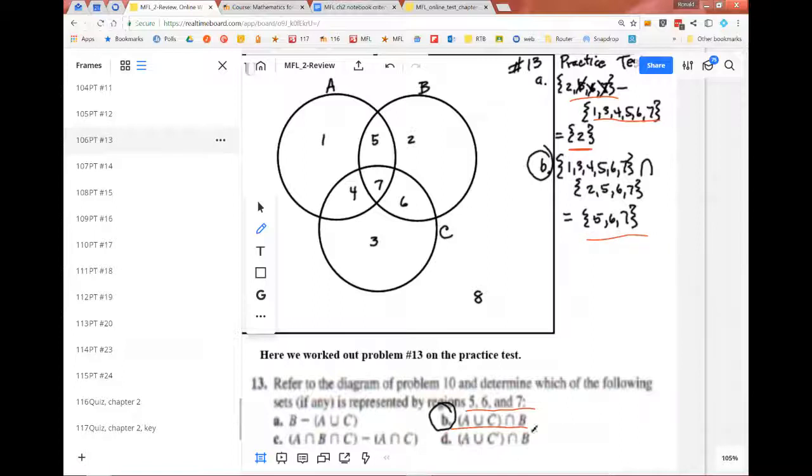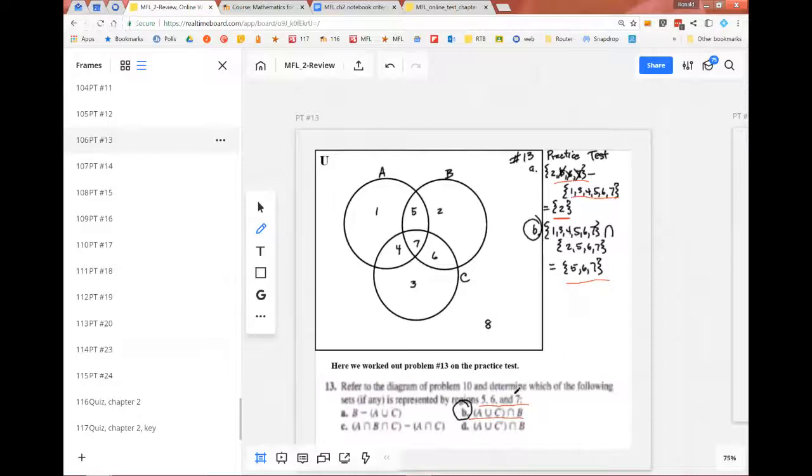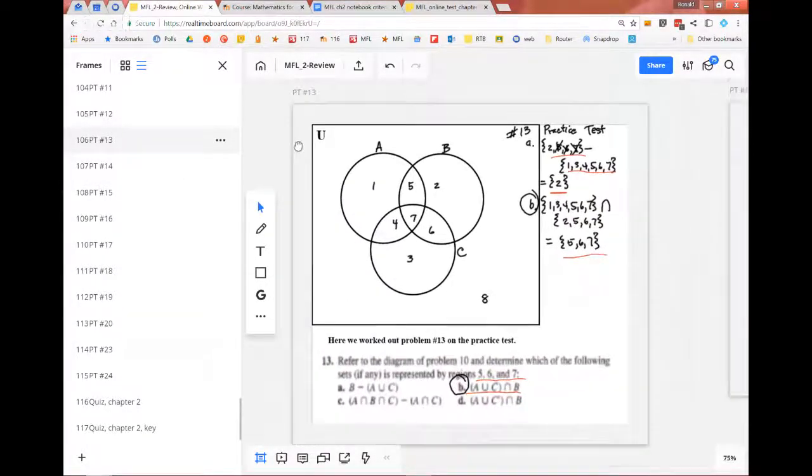Now, technically, even though I don't have the time to do it right, you should really check C and D too, because it doesn't say there's only 1. I really should have gone on and figured out C, figured out D, and see if any of those also have the answer 5, 6, and 7. So that can be a kind of lengthy problem.